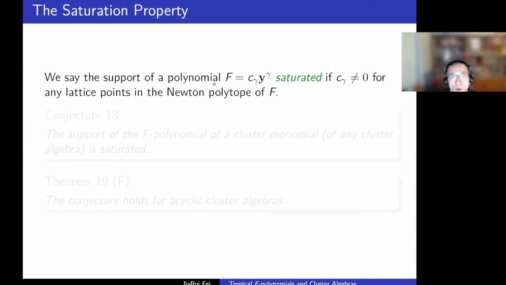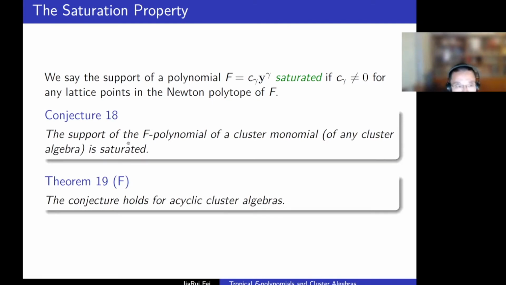The third property is about saturation. We call a polynomial saturated if for any lattice point in the Newton polytope of F, the coefficient is not vanishing. The conjecture is that the support of the F-polynomial of any cluster monomial is saturated.